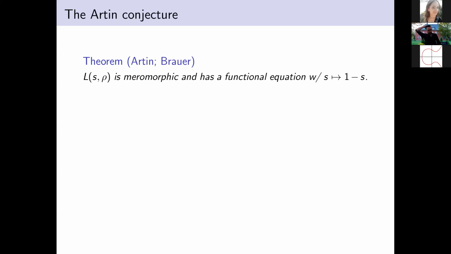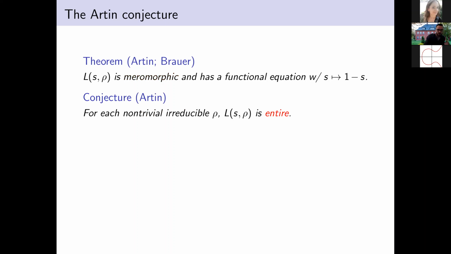It follows from work of Artin and Brauer that each L(s, rho) is meromorphic and has a functional equation of the type you would expect. So it's very nearly an L function, except for one operative word you don't usually see, namely the word meromorphic. It's a conjecture of Artin, the Artin conjecture, that each of these L(s, rho) is actually entire.